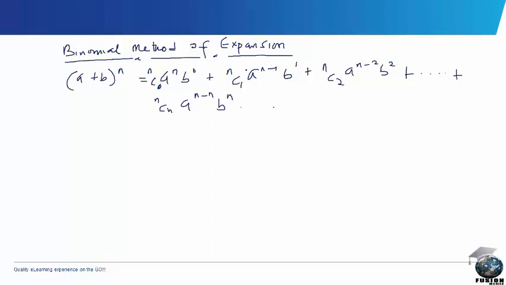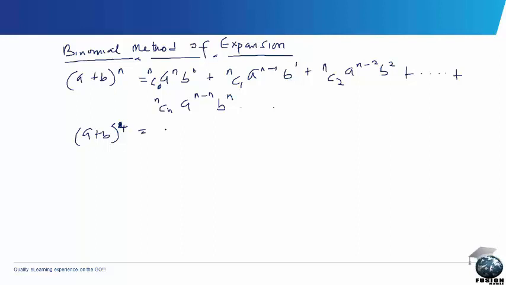Alright, let's take an illustration to show this. Example, if we are given (a plus b) raised to the power 2, or let me use 4 because 2 we already know the outcome of.